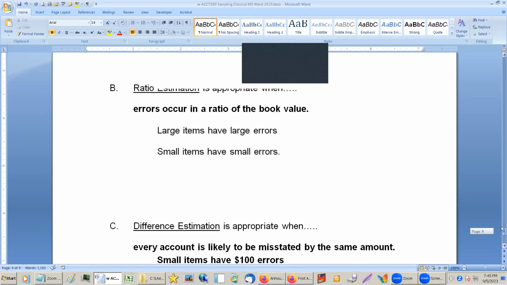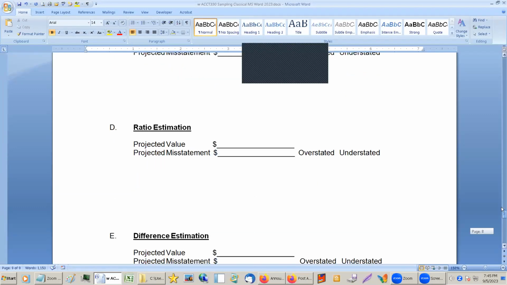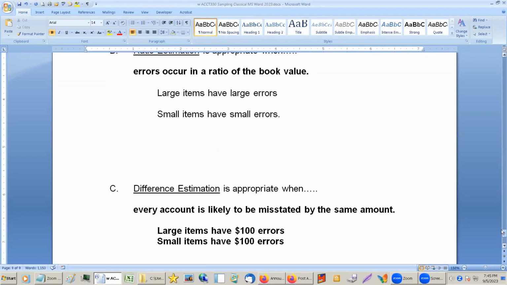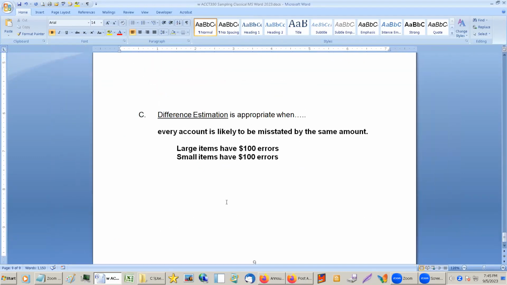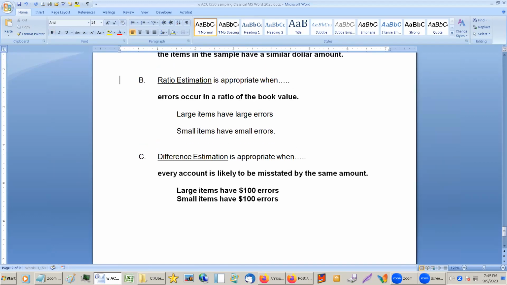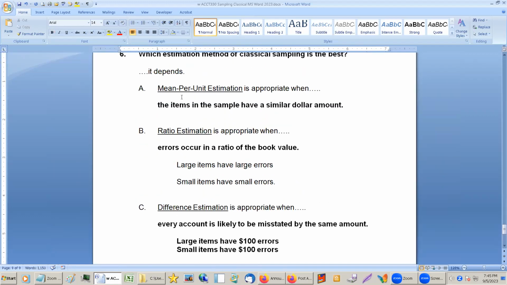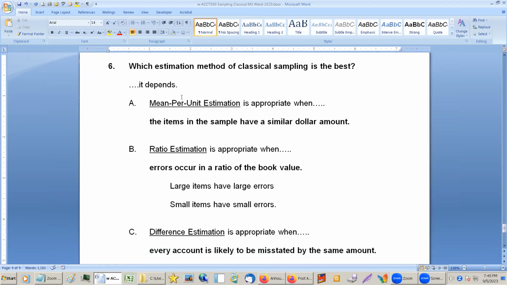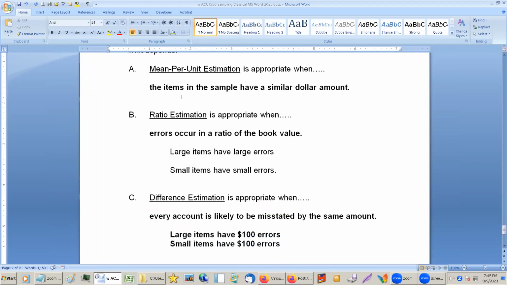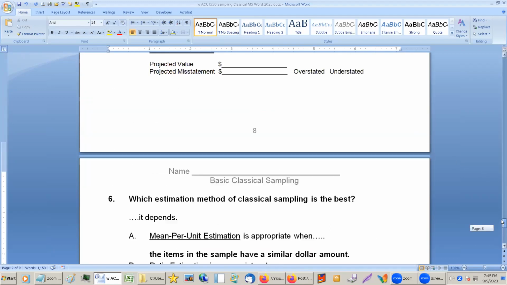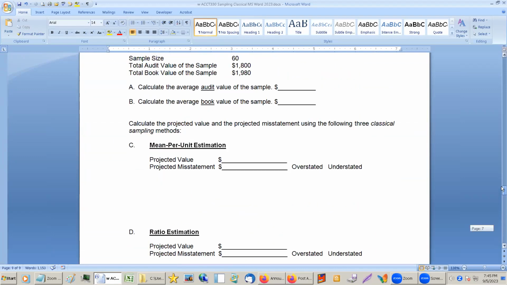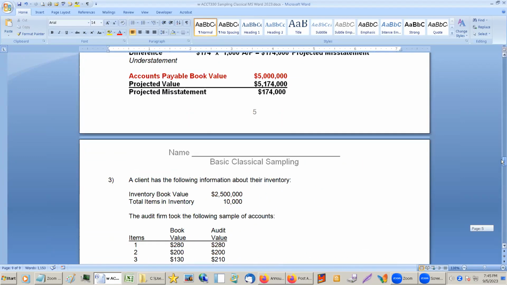Okay, so I think I'm going to assign, well, here, do you want to get a picture of that? Screenshot of it. Okay, I'm going to assign 4, 5, and 6.